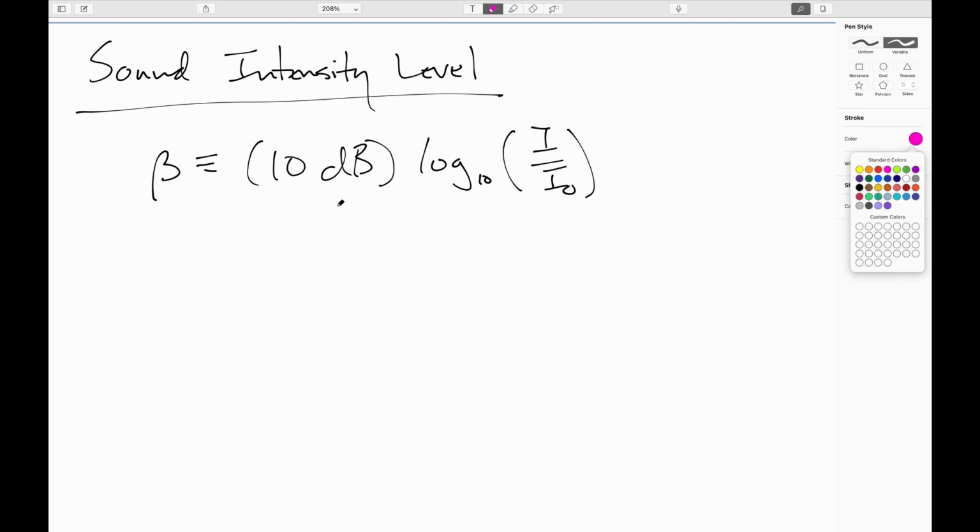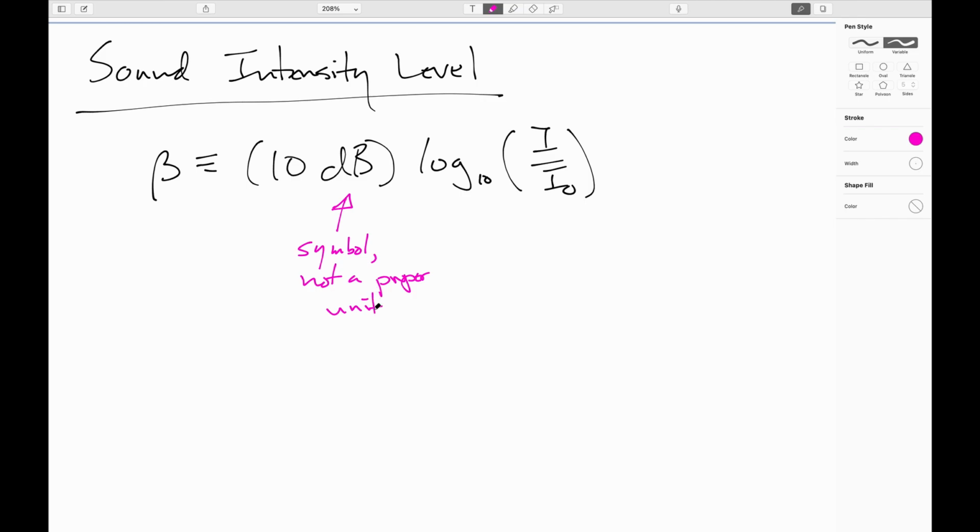First off, what's this decibel? This is just a symbol. It's not a unit. That just is trying to describe how loud something appears to you. But it doesn't actually have any physical dimension. Why is it decibel? Well, there's a whole history behind why it picked up a deci prefix, but anyway.